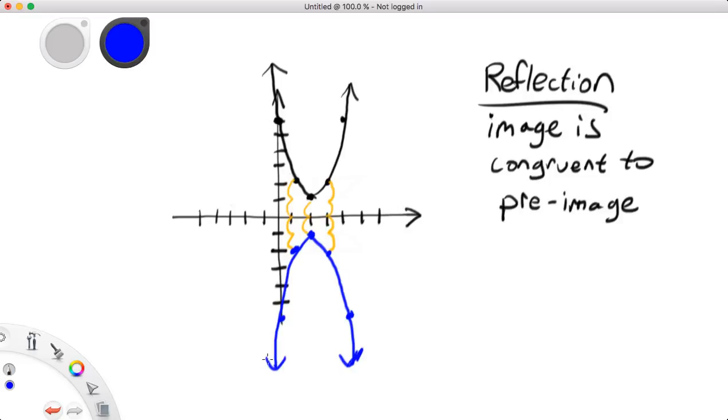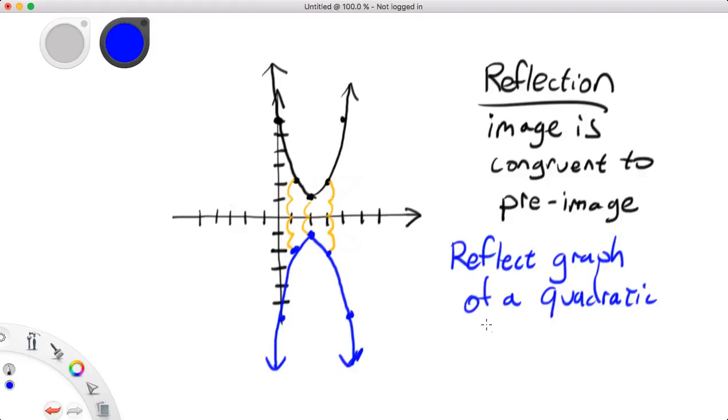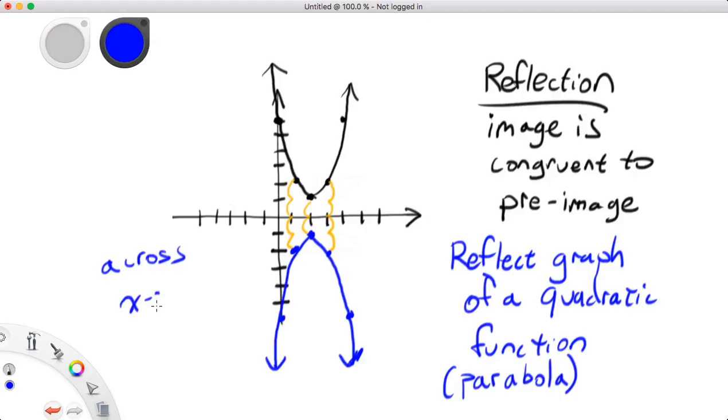And what I'm going to do is I'm going to reflect all these points using light yellow. So this one is 1 unit up, and so I'm going to make it 1 unit down, right? And that's how I'm going to make my first point of my reflection. Okay. Now this next one is 2 units up, so I'm going to make this 1, 2 units down. And I'm going to get my second point.